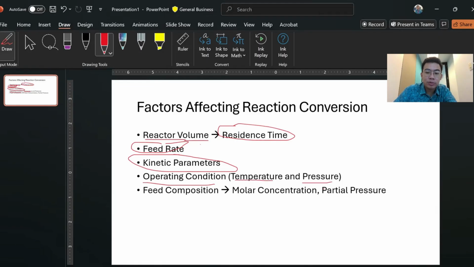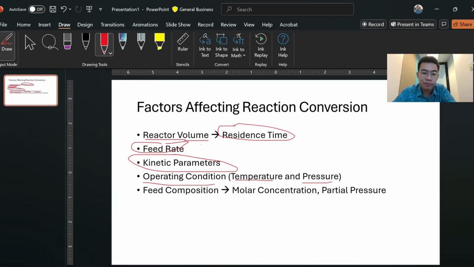Kinetics also depends on the temperature, and the operating condition will also affect the equilibrium conversion, because if we change the operating condition, the equilibrium will shift too.